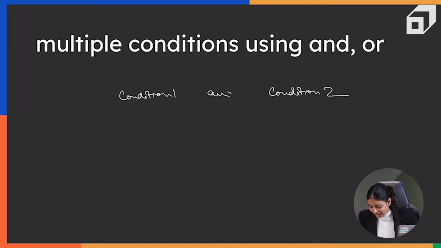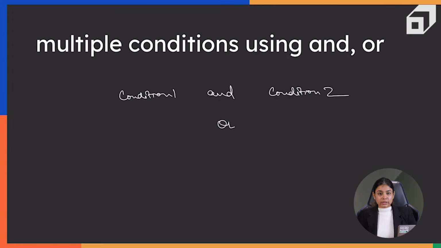If I use the and operator, that means if both of these conditions are true, then the combined result will be true. If I use the or operator, that means if either of these conditions is true, then the combined result will be true, else false.